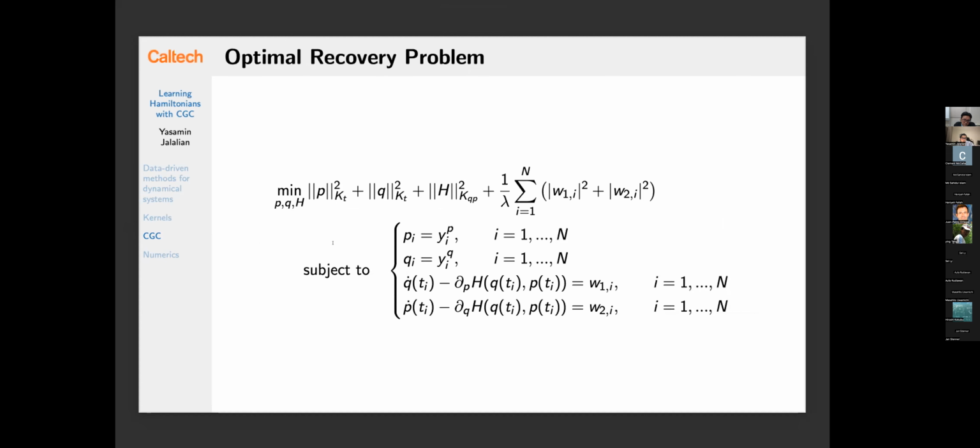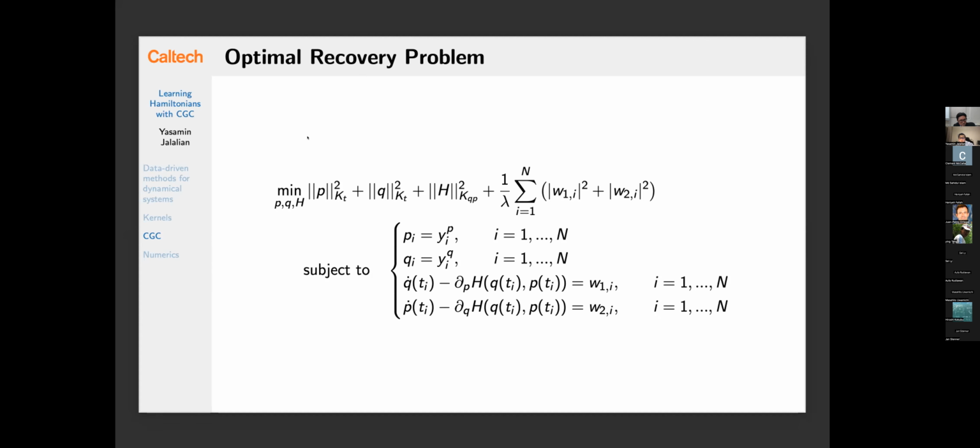So just a remark, the main optimal recovery optimization problem for the Hamiltonian case is the same as before. So we want to minimize here the RKHS norms of the unknown functions, plus the regularization term here, subject to these constraints that are imposed by the Hamiltonian dynamic.